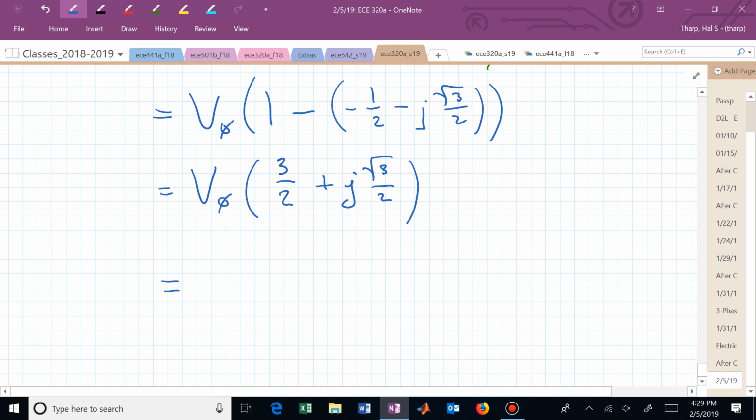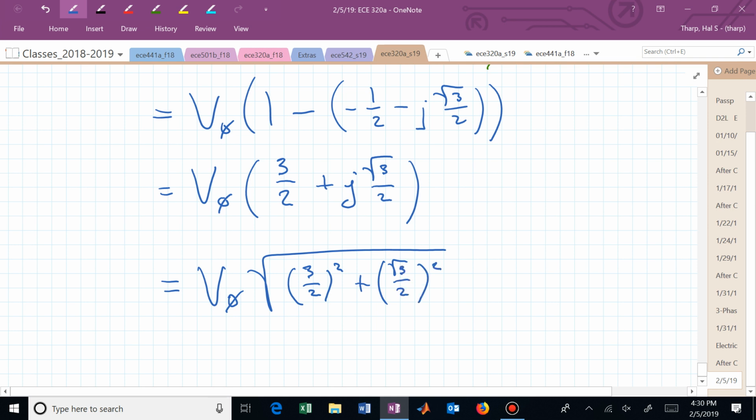Let's convert it to a magnitude at an angle. So we take the real part and square it. We take the imaginary part and square it. And our angle is now just the angle that has a tangent of the square root of 3 over 2 over 3 over 2.